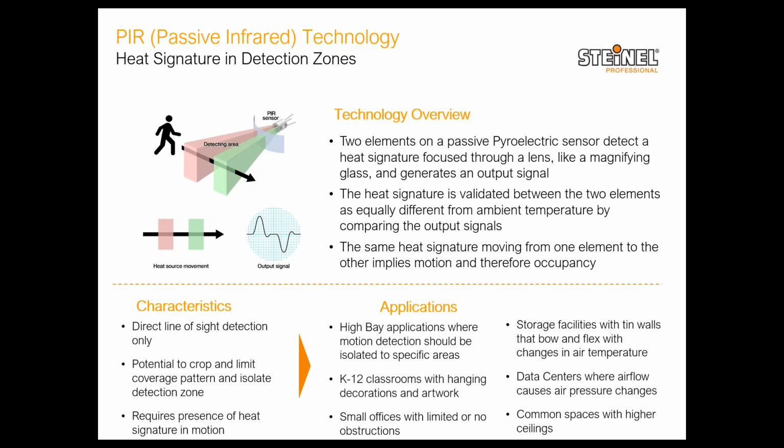Some of the main characteristics of this technology are that we need line of sight for this technology to work. So that heat source must be directly in front of the lens and the pyroelectric element for it to be seen.